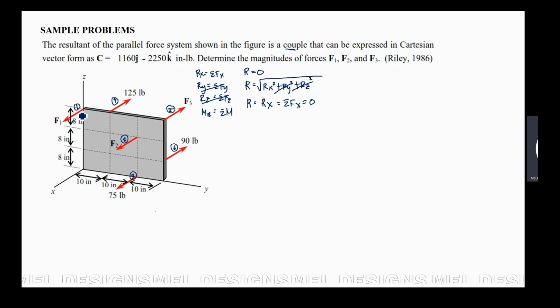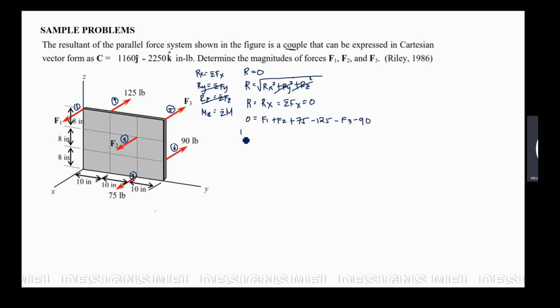Unahin natin itong first force here. Therefore, sabi natin kanina, the resultant is equal to 0. Therefore, 0 is equal to the summation of forces along x. So we have F1 plus F2 plus 75. Tapos ito, minus 125 minus F3 minus 90.